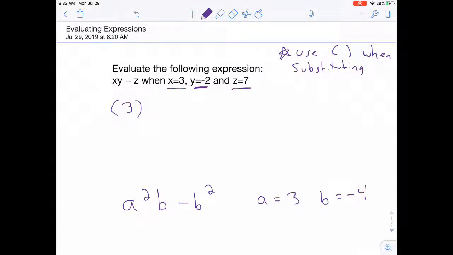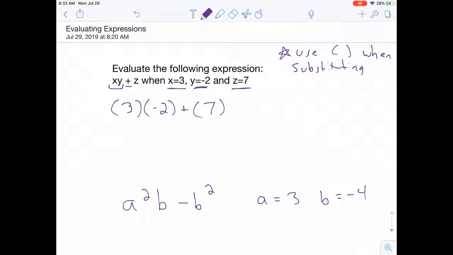Y, remember when two variables are next to each other like that, that means multiplication. So I'm going to use another set of parentheses and put negative 2 here. The plus sign stays as a plus sign, and instead of z, I'm putting 7 in just like this. So there shouldn't be any variables. There should be parentheses in their place, and we should be substituting those values in.